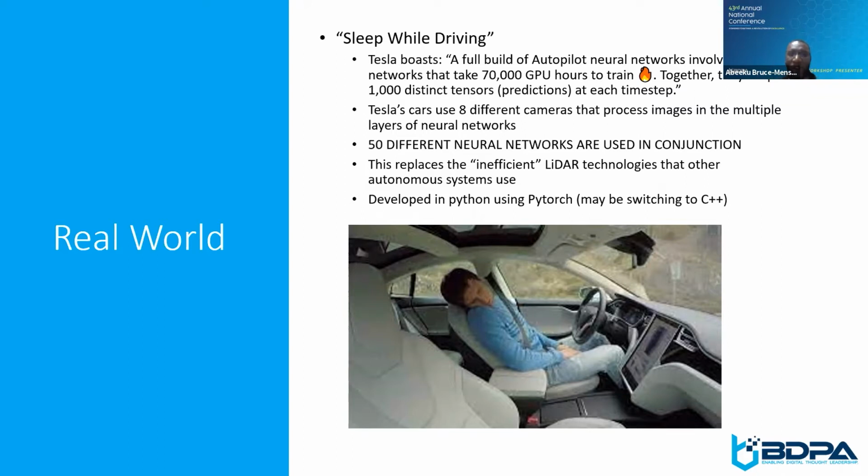Together, they output 1,000 distinct tensor predictions at each time step. So that's a lot. That's incredible. For any neural network, even for something that's specifically using deep learning, which is what this is using, that's a lot of stuff to run at one time. And so let's just go on and talk about it, and then we'll talk about how they implement this.